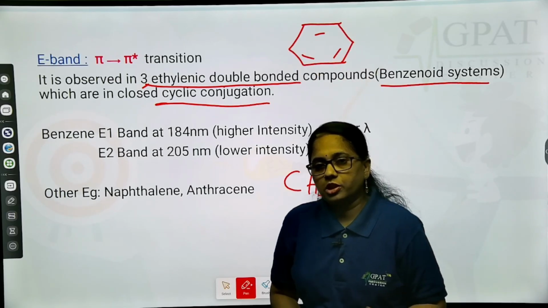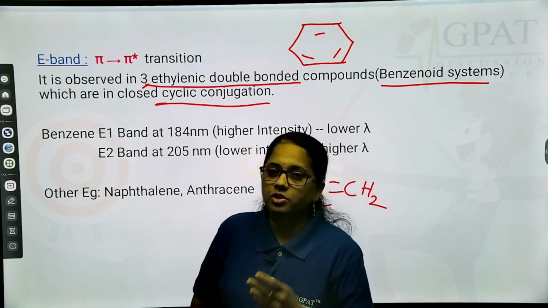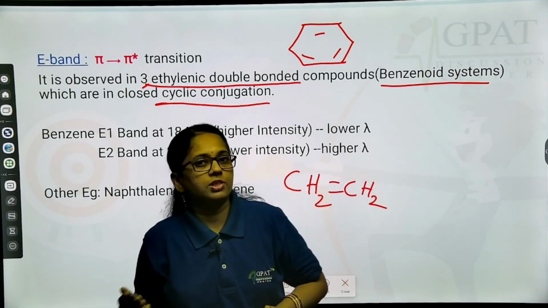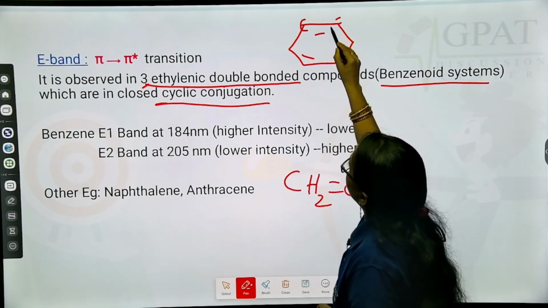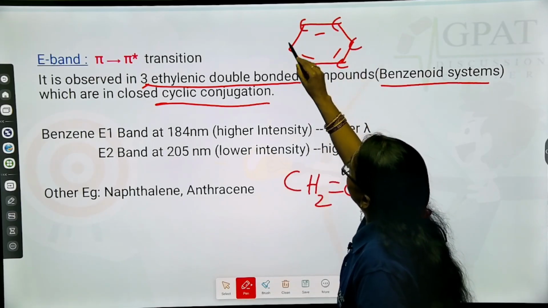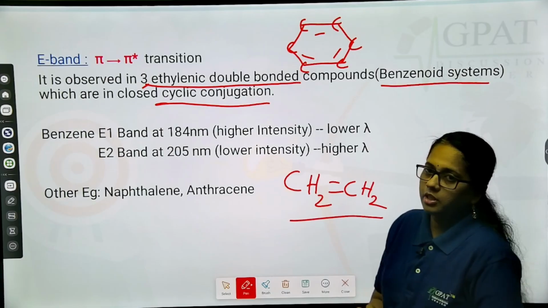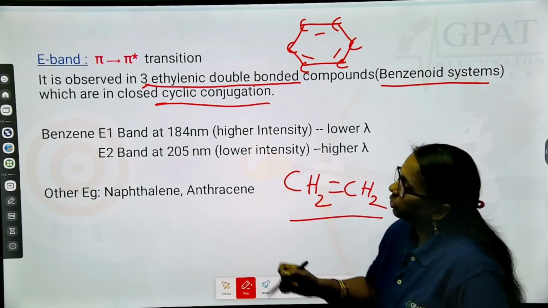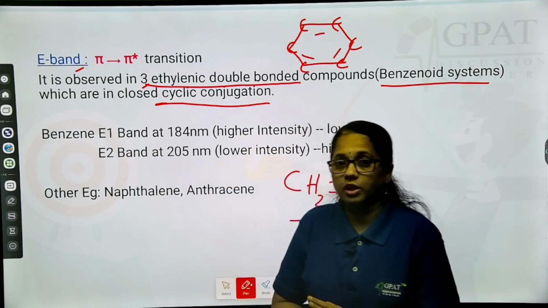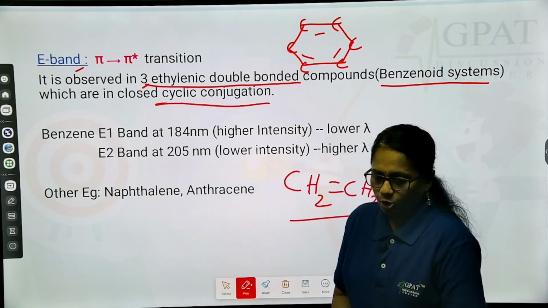What is conjugation? Alternate double bonds present is called conjugation. So whenever you see CH2 double bond CH2 ethylenic double bonds, 3 of them, then you are going to see the formation of the E type of absorption bands.